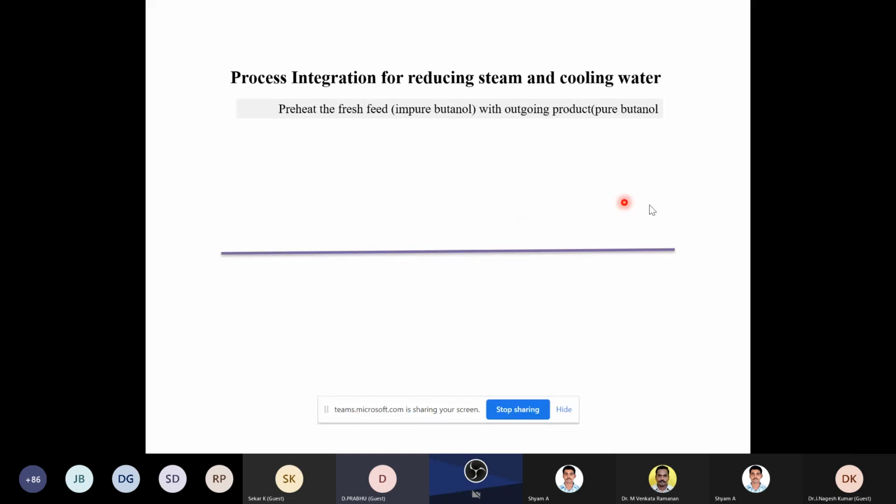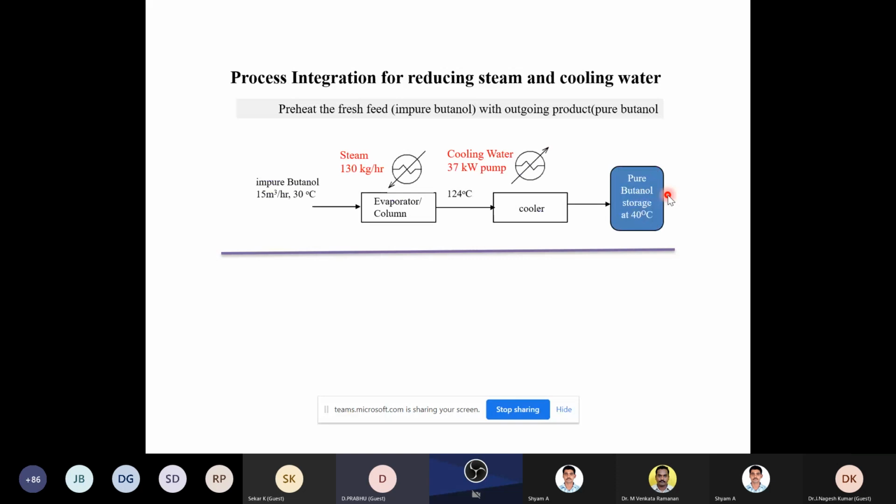This is the system they had. There is a solvent, impure butanol. It is coming at 15 meters per hour and 30 degrees centigrade. This has to be heated, and this impure butanol has to be made into pure butanol.